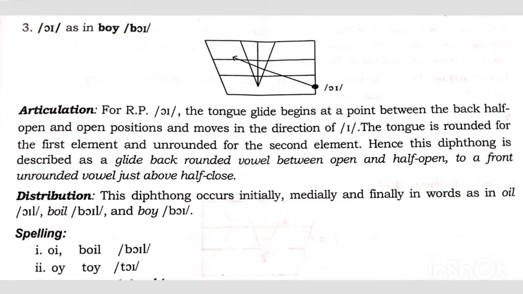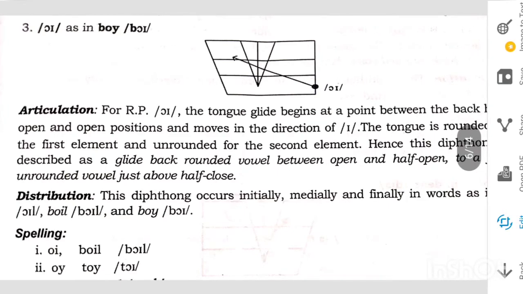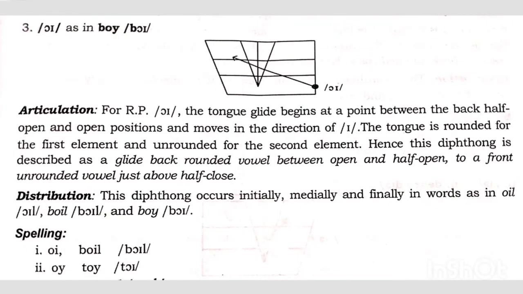Hence, this diphthong is described as a glide from a back rounded vowel between open and half open to a front unrounded vowel just above half close.